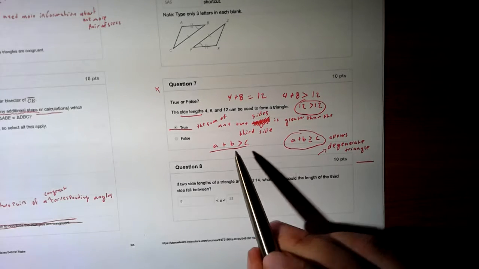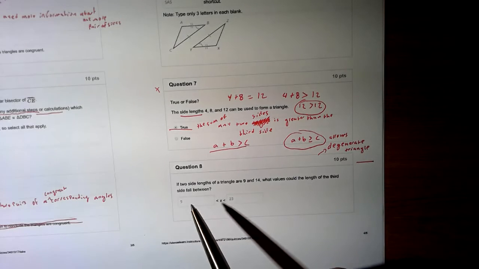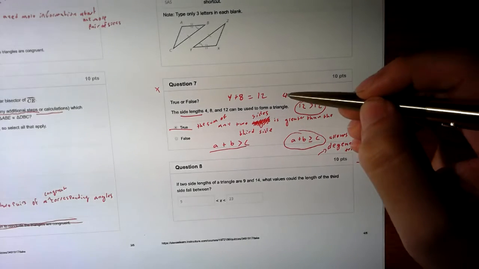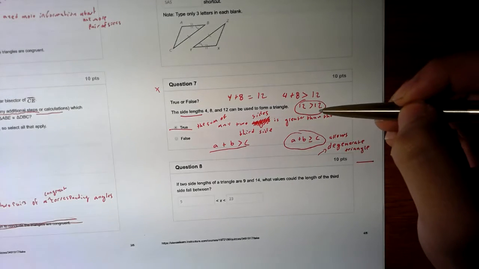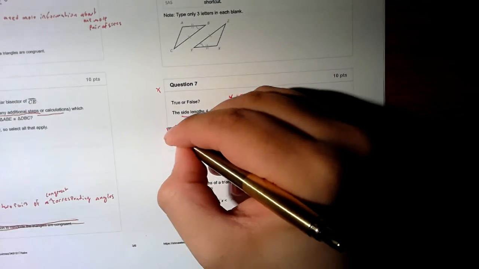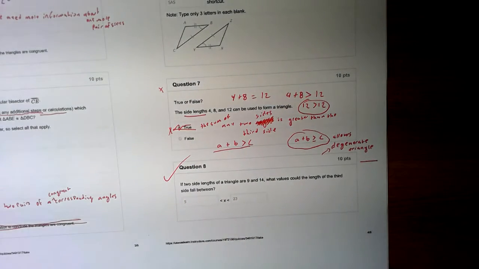And remember, the triangle inequality says that the sum of any two sides must be greater than the third side. So here we can see that we added two sides, and their sum is not greater than the third side. So that one's wrong. It's not true. Question 8 is correct. So took care of that one. Let's look at question 9.